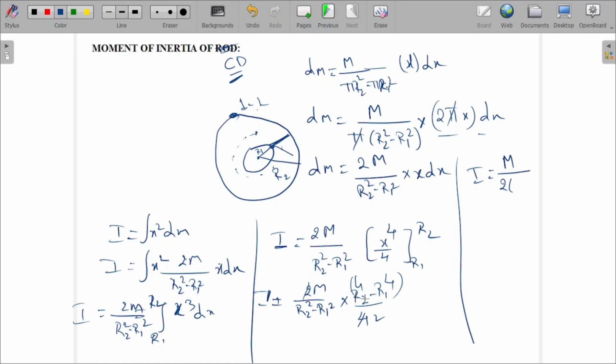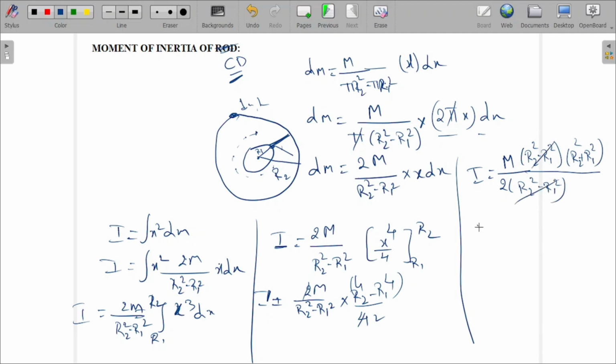Like a power 4 minus b power 4, how will it be written? As a square minus b square into a square plus b square. So if you write like that, then it will be r2 square minus r1 square into r2 square plus r1 square, by 2 into r2 square minus r1 square.